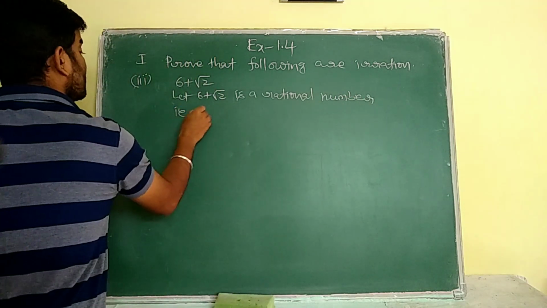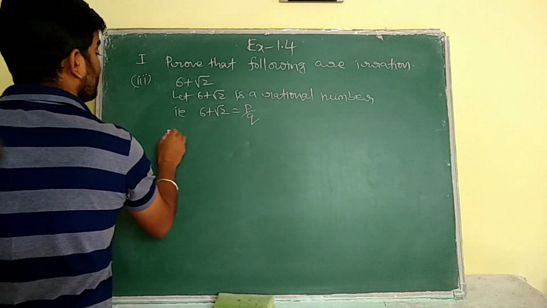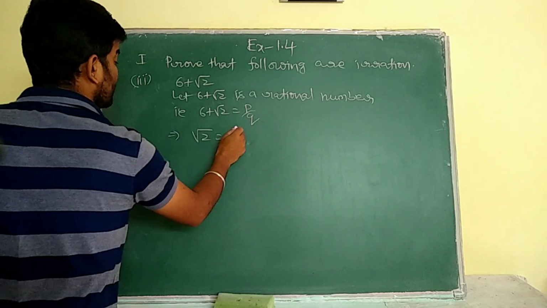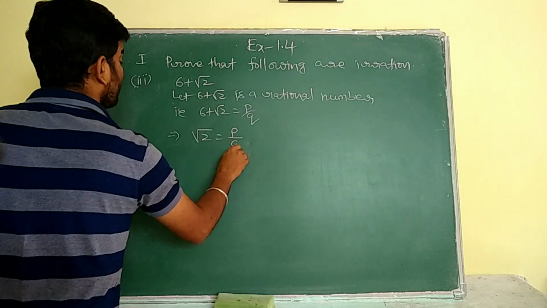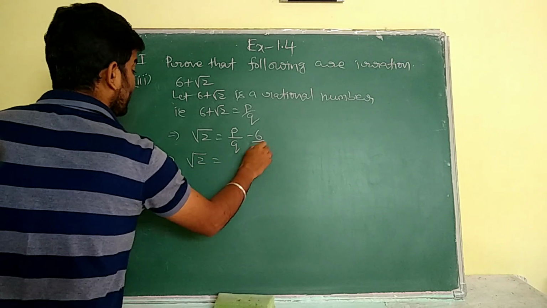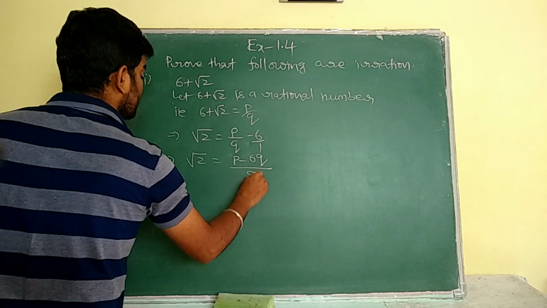That is, 6 plus root 2 is expressed as some p by q. I want the radical value on the left side, so I have to shift this 6 to the other side. So p by q minus 6. That implies root 2 is equal to, by taking LCM, p minus 6q by q.